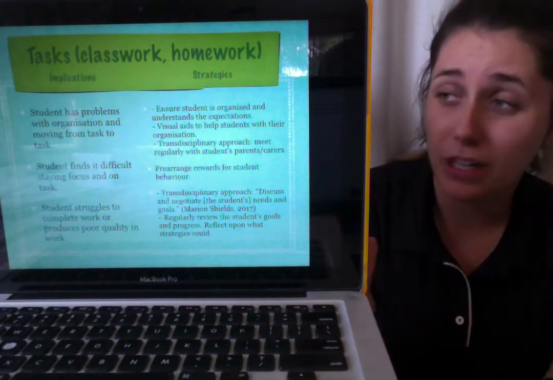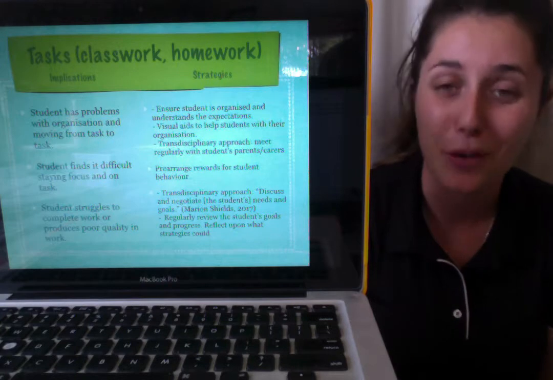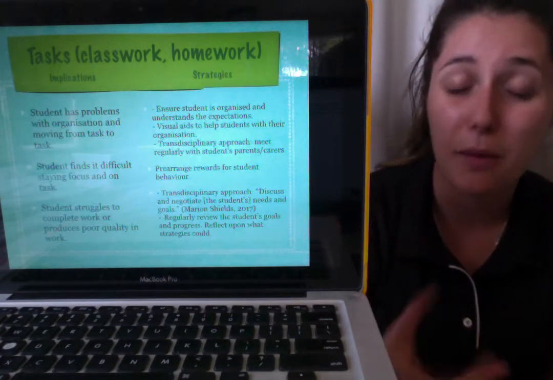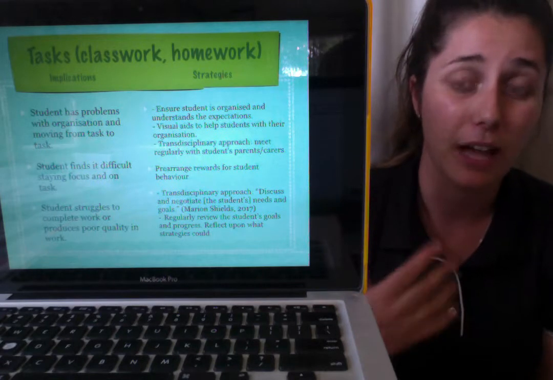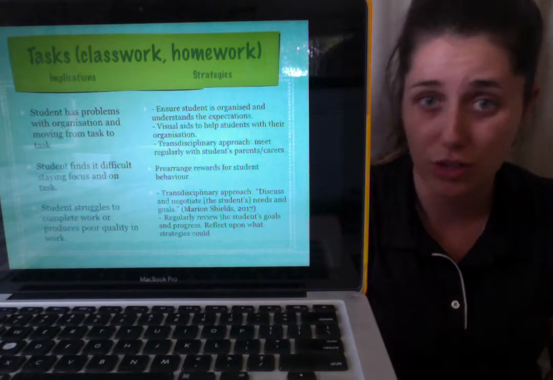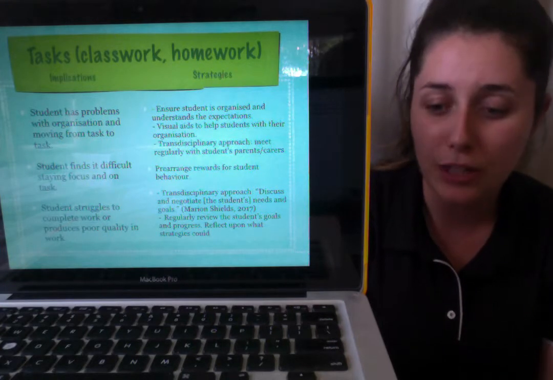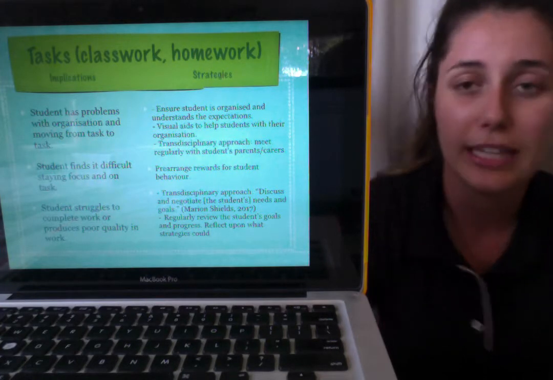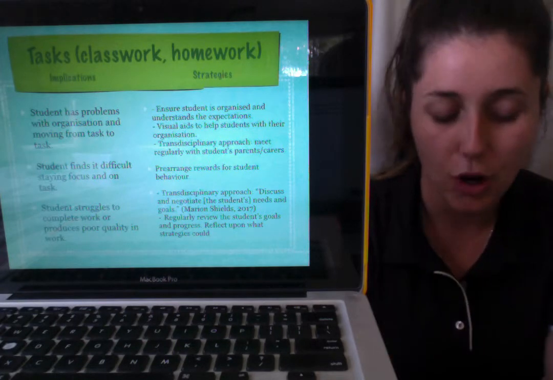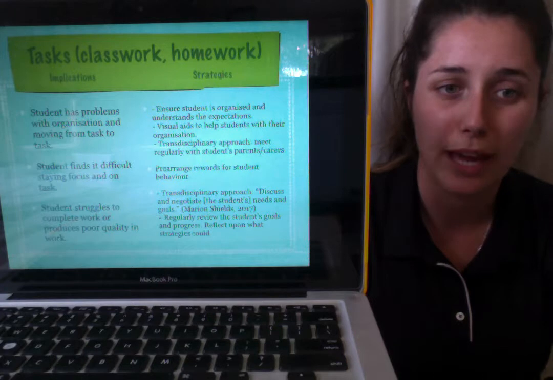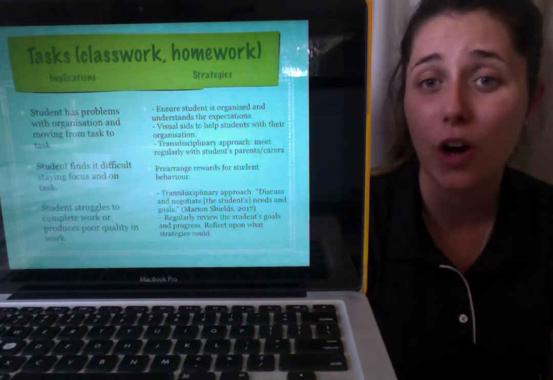So just to be really quick, because she beautifully summarized it for me, here are some examples of strategies we can use when implications arise from students struggling with their tasks. A really good example, which I've written down in these notes, is making sure we have the students involved in setting their learning goals.